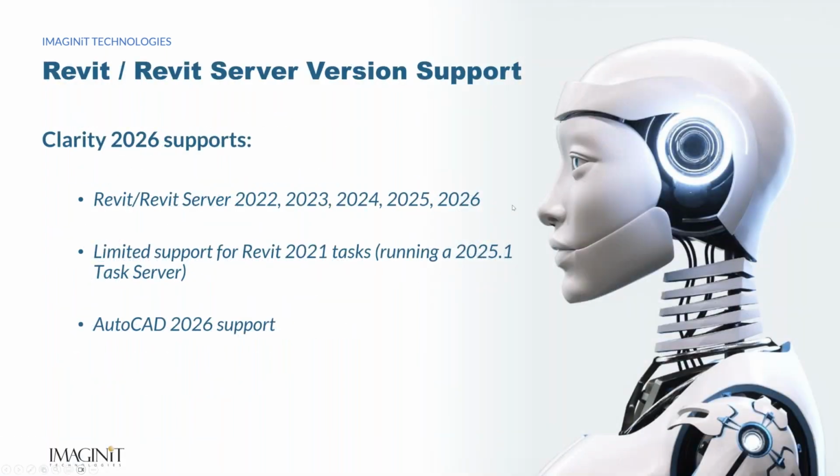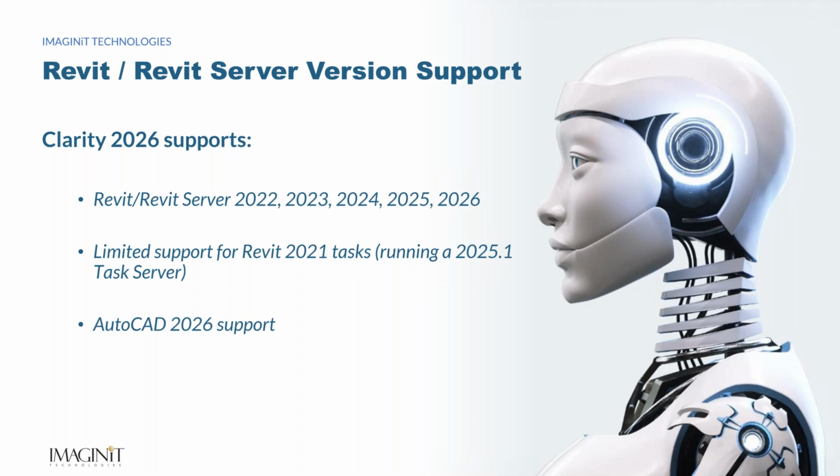In this release, we follow the same patterns of Revit support as we have in the past. For Clarity releases, we have one in November, which is not coinciding with Autodesk releases, but this is the one in the spring, which coincides with the Autodesk releases. So we support the newest release of Revit 2026 and go back 5 versions to 2022.